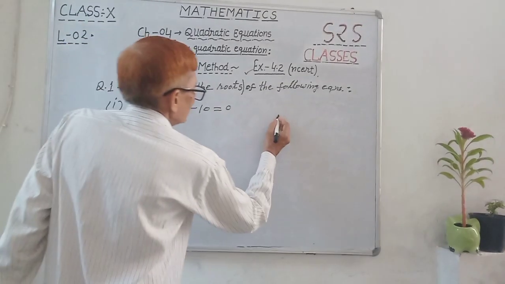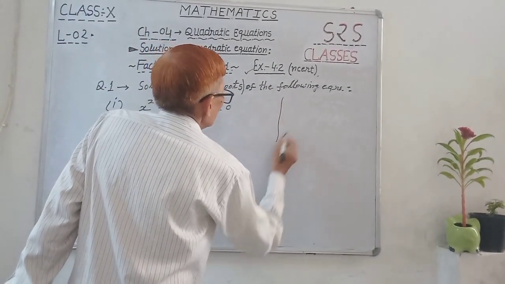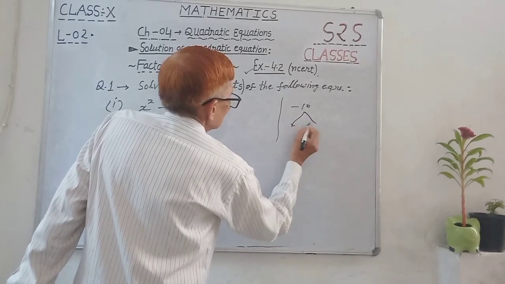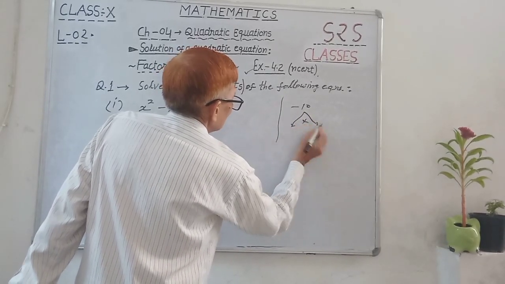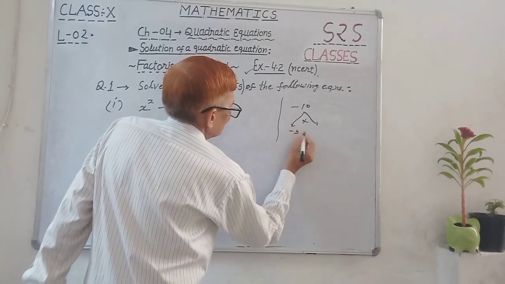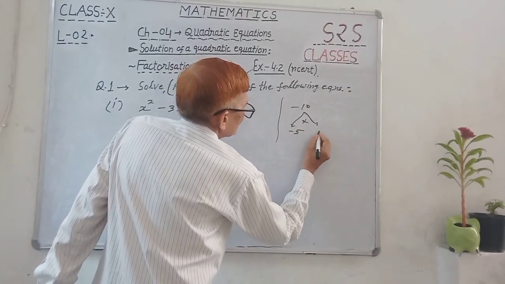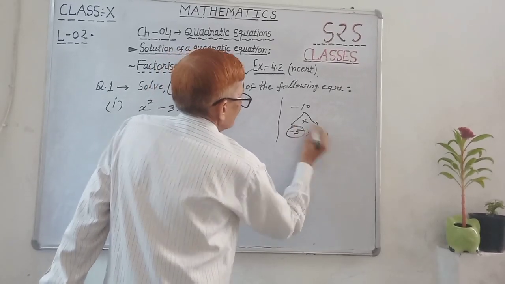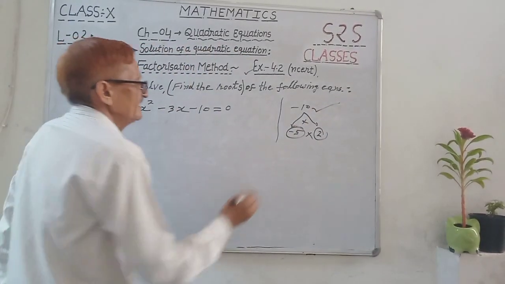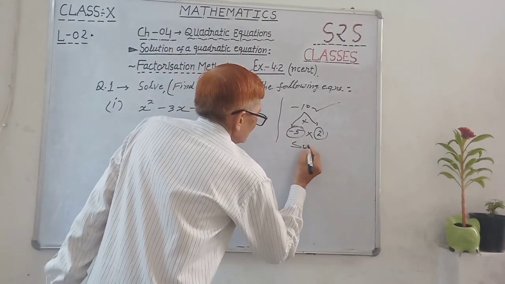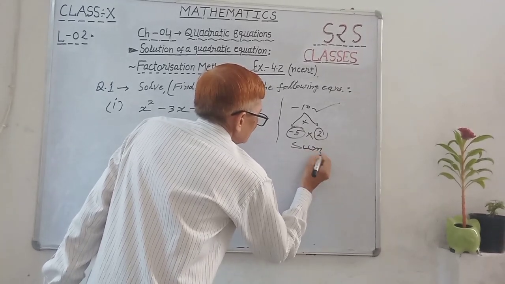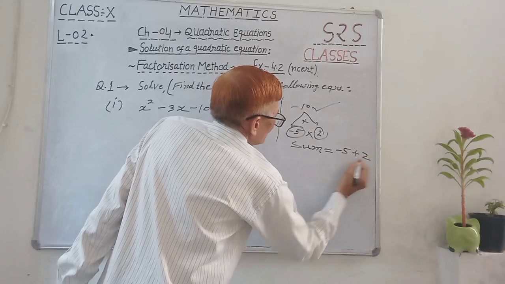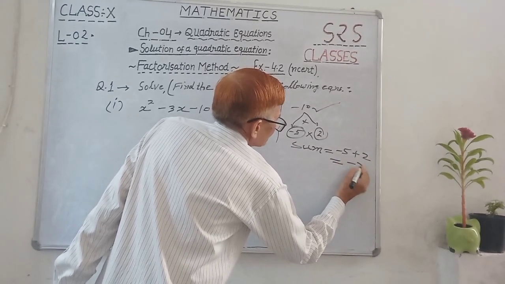Okay. So we can say that minus 10 we can write as two such factors: one is minus 5, the other is plus 2. Multiply them, then minus 10, and the sum you can check. Sum is equal to minus 5 plus 2, equal to minus 3.